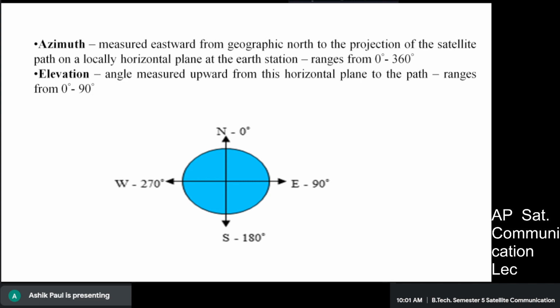So you are not following properly, I think. Sir, I'm attending online, but I didn't understand this point. See, a geostationary satellite will always be located to the south of your station. That is now clear. Yes, sir.